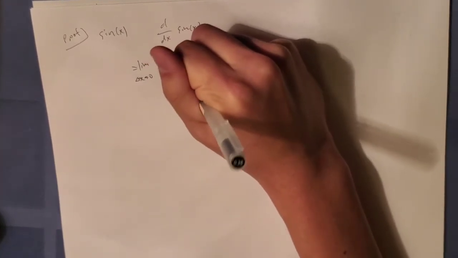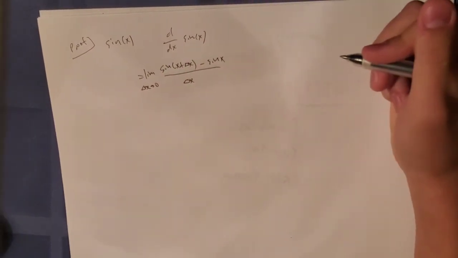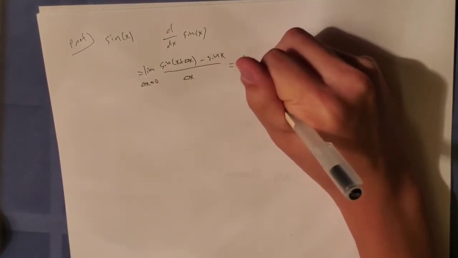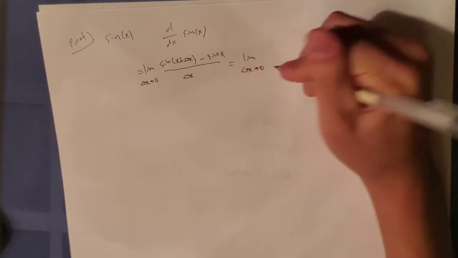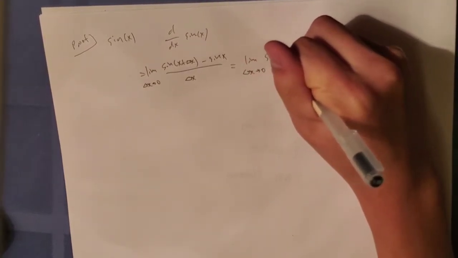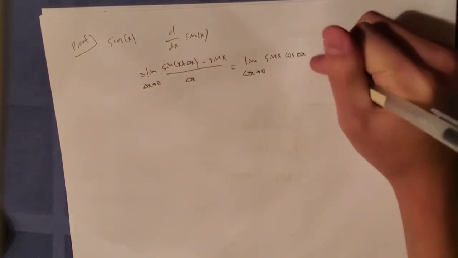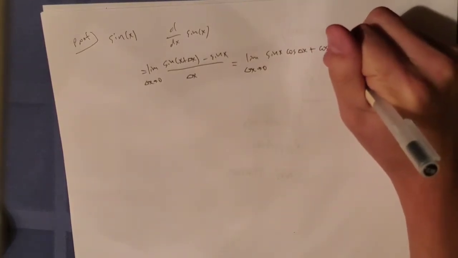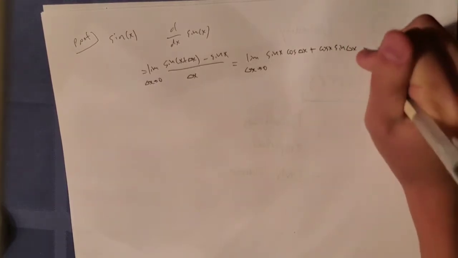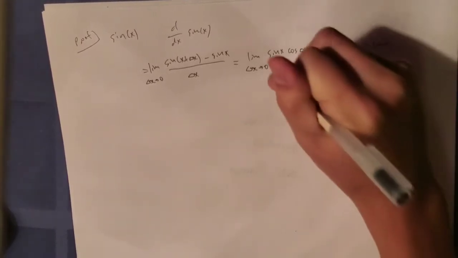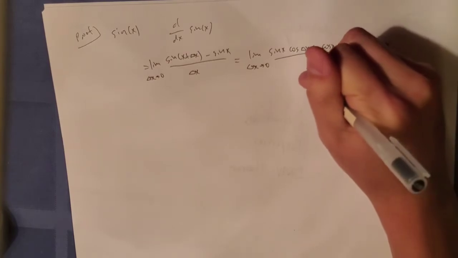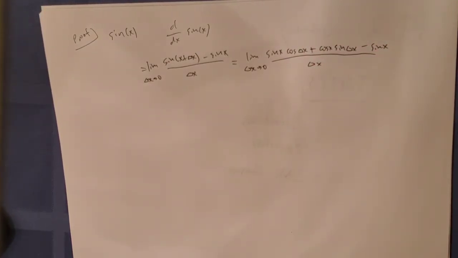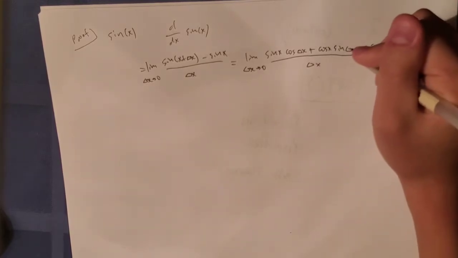over delta x, right? And you can use your sine addition formulas to get the limit as delta x approaches 0 of sine x cosine delta x plus cosine x sine delta x minus sine x over delta x. And we can evaluate this.